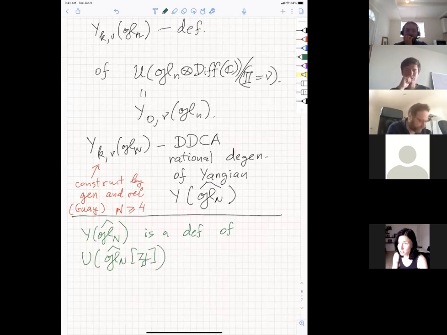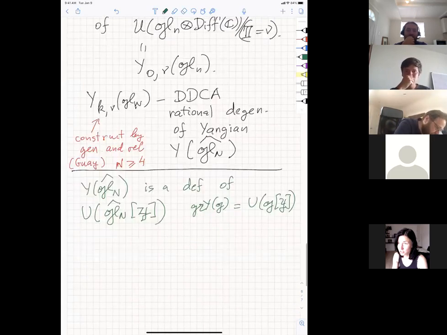So for any Lie algebra g, if you take the associated graded of the Yangian of g with an appropriate filtration, this is the enveloping algebra of g[y], with y some variable. And this is what it is.